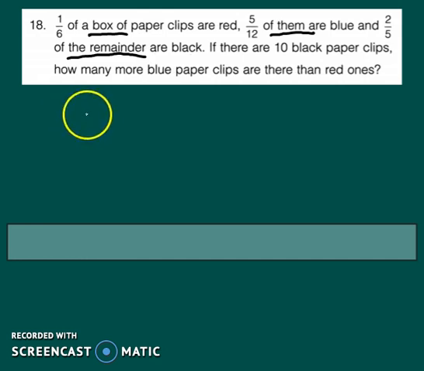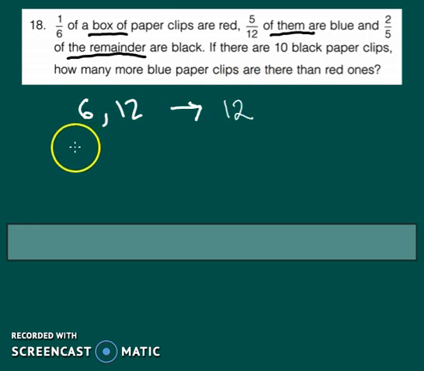What is the lowest common denominator of 6 and 12? Well, 6 goes into 12, so it will just be 12. So let's rewrite these fractions in terms of a denominator of 12. So 1/6 is equal to 2/12, and 5/12 is just 5/12, so we can keep that as it is.